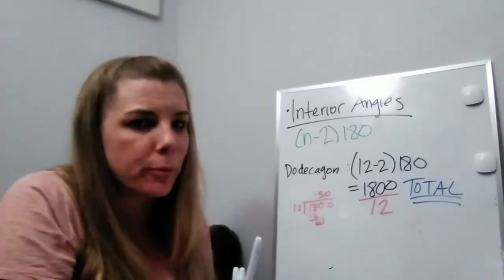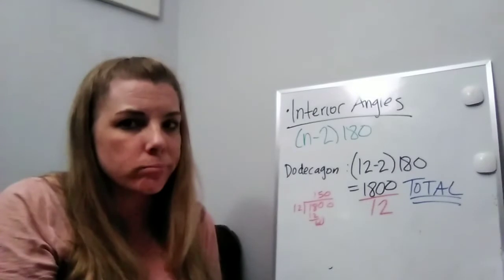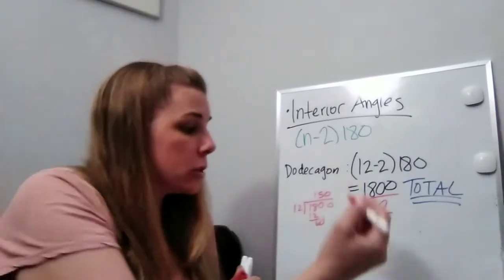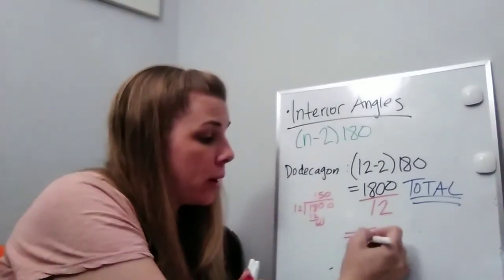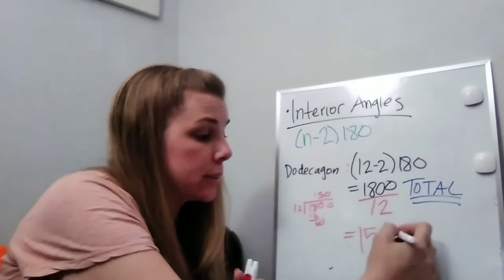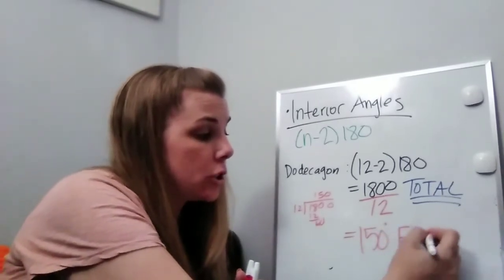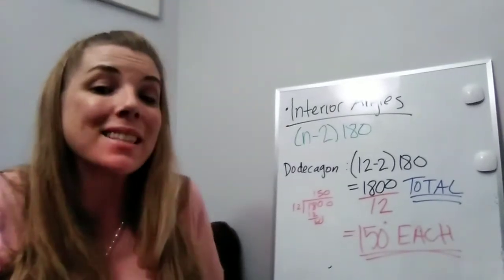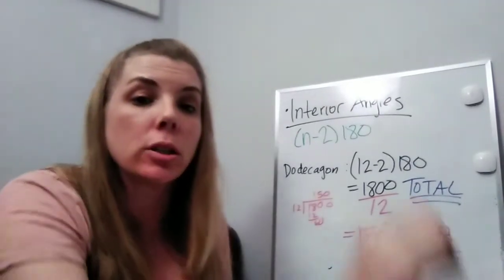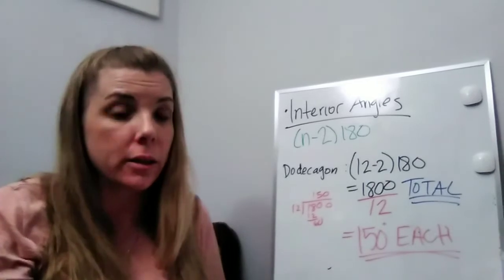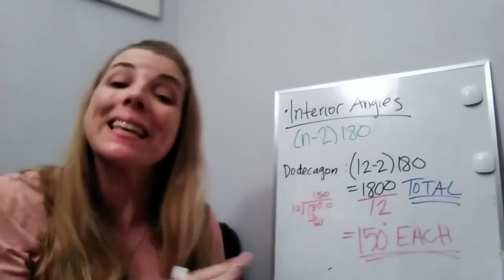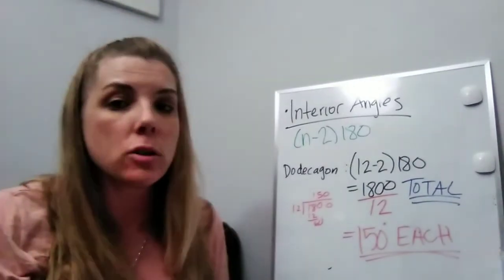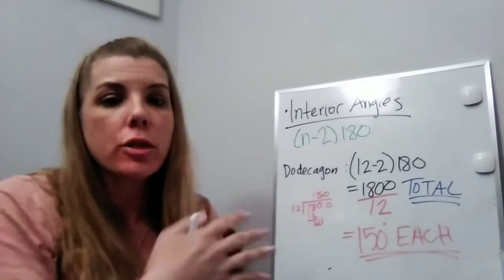I don't have my calculator with me. It's at my classroom. Okay, so each would be 150 degrees. But remember, that's for a regular dodecagon. If it was irregular, that means the sides don't match, the angles don't match, there is no formula you can follow.